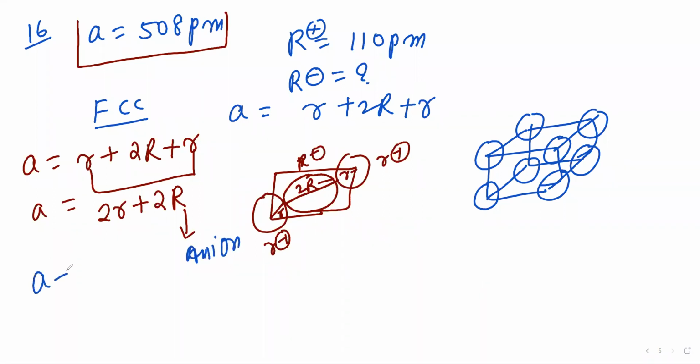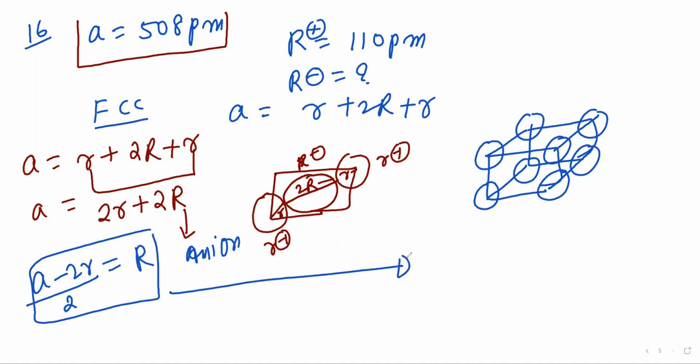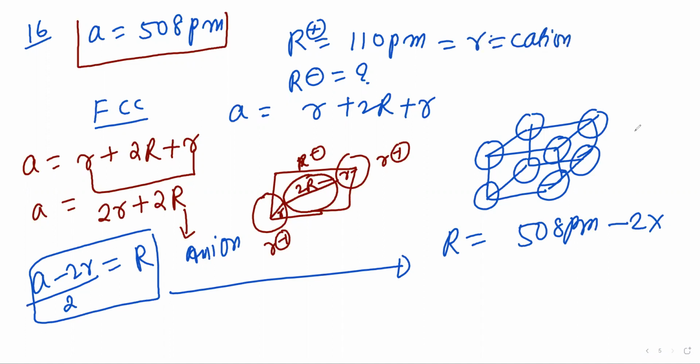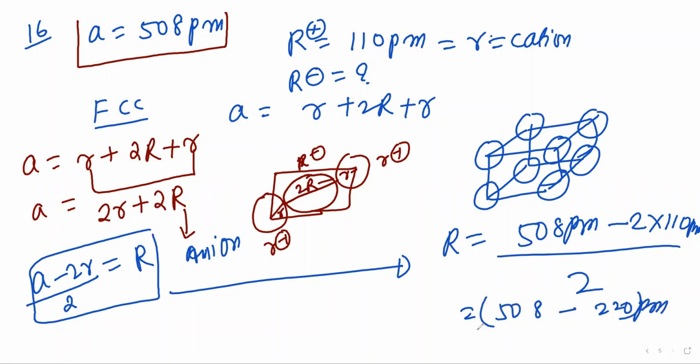So it will be a minus 2r divided by 2 equal to R. So R is equal to a value, that is 508 picometer, minus 2 into small r, we know, right? This is your small r, cation value. This is equal to 2 into 110 picometer divided by 2. So it will be 508 minus 220 picometer divided by 2.